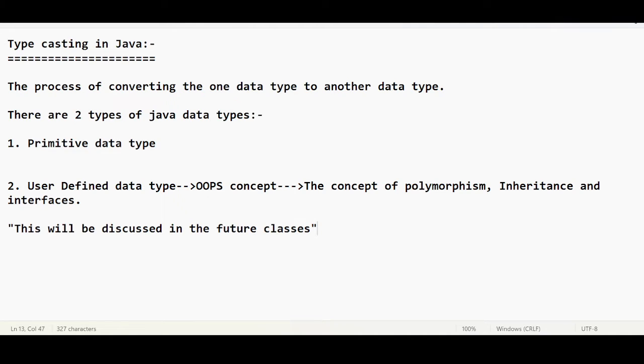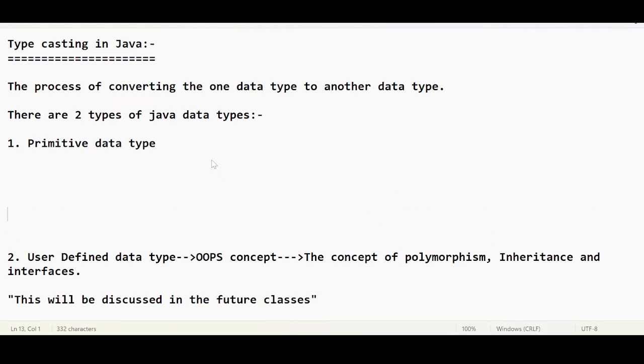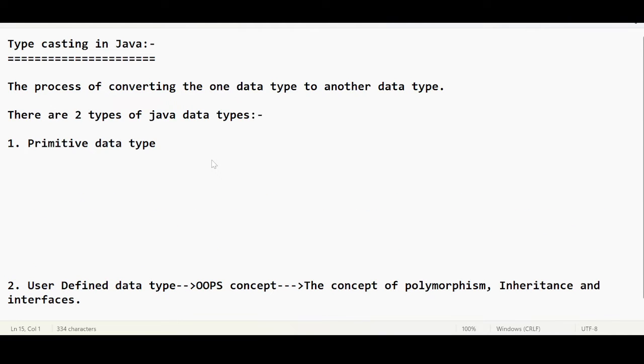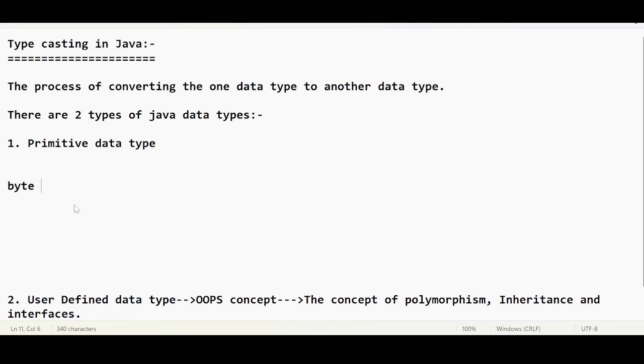So the definition is very simple. The process of converting one data type to another data type is called what? Typecasting. Right? And we are going to discuss typecasting on top of primitive data types. Now listen here. When I say primitive data types, I have already given you a chart, if you remember or not. Right? So this is the chart.